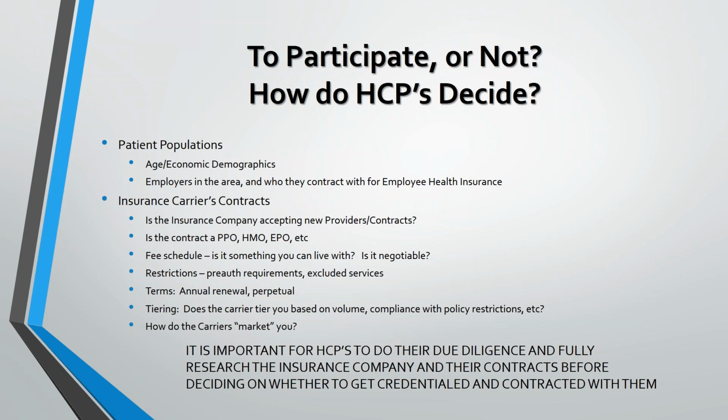Because if being in network with Kaiser or Blue Cross or Cigna or Aetna would give you access to that group, those 3,000 or 4,000 people that are employed by that particular employer in your area, would it be beneficial then for you to be in network with that plan so you have access to those patients? It's a very valid question.